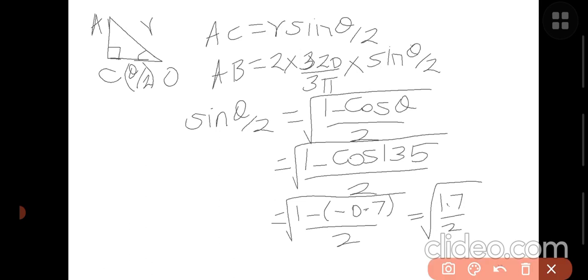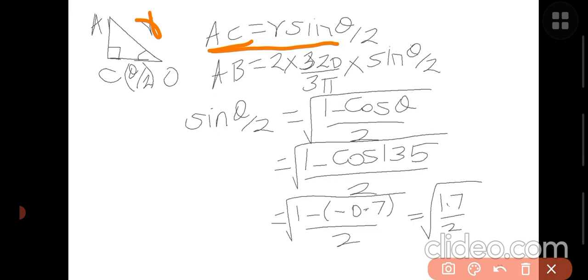Now consider the triangle ACO. AO is the radius. Now finding AC from this formula, R times sine theta by 2 is the value of AC.